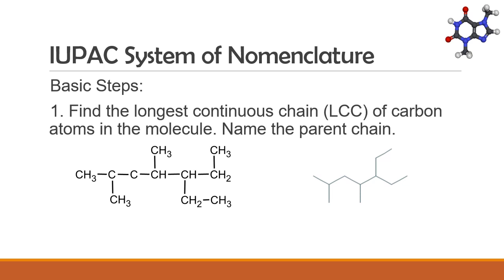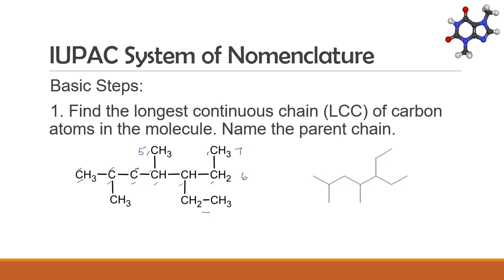So if we count this as 1, 2, 3, 4, 5, 6, that only gives us 6. But we can go up here to make it 7. If we count this one here, 1, 2, 3, 4, and go up here, that gives us 5 carbons. Okay, what about this one here?